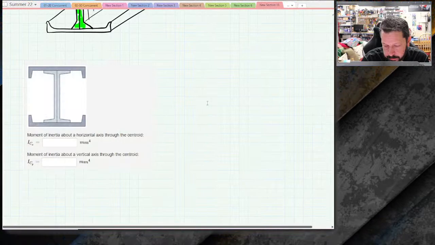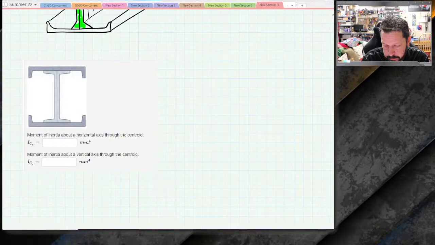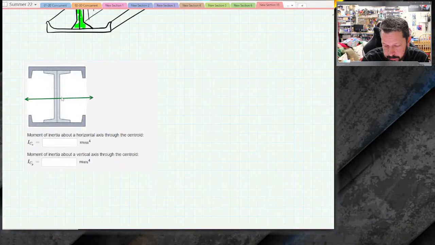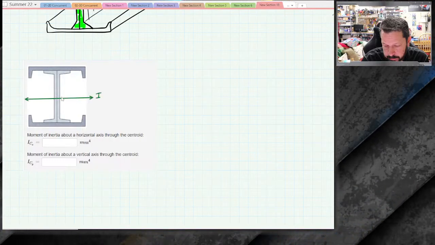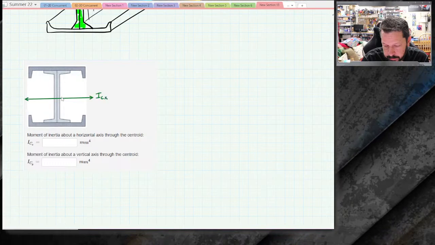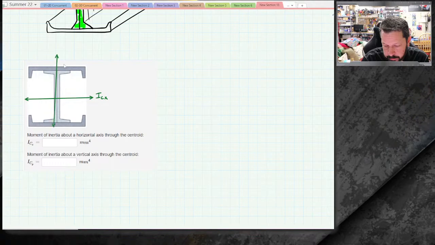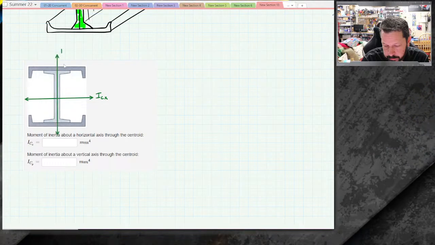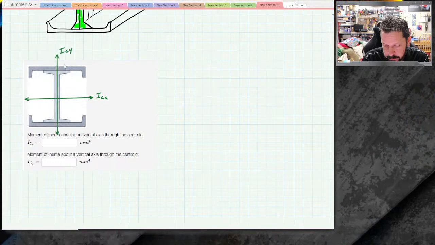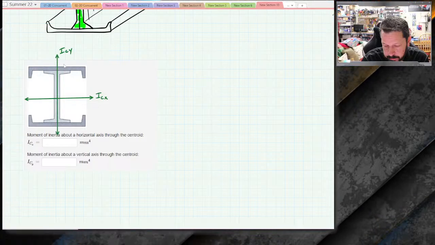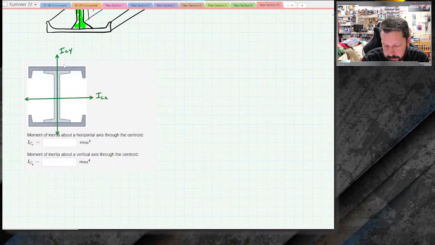So this ICX is the moment of inertia about the centroid of this shape, so the neutral axis. The other one is the moment of inertia about this axis. So it has two different axes that it wants you to calculate the moment of inertia about.